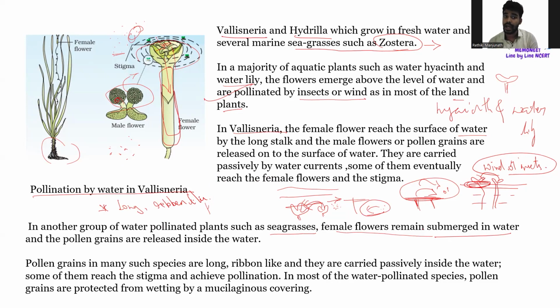And the pollen grains should be protected by a mucilaginous covering. This covering acts as a coating around the pollen grains, so it protects them from the water.